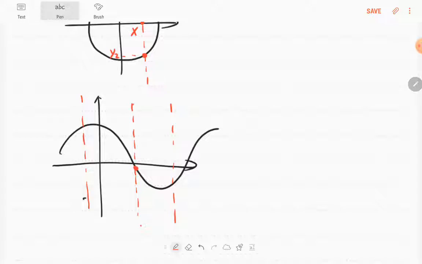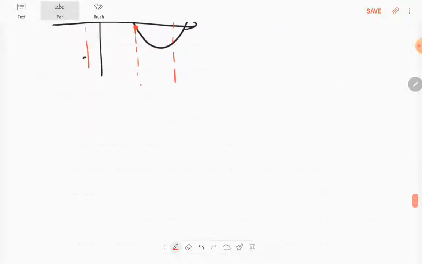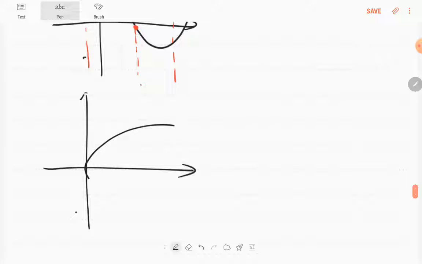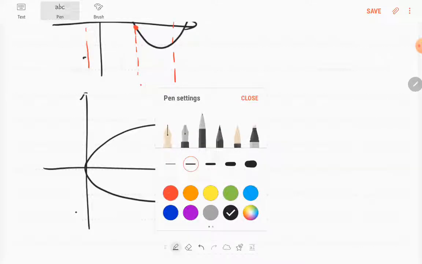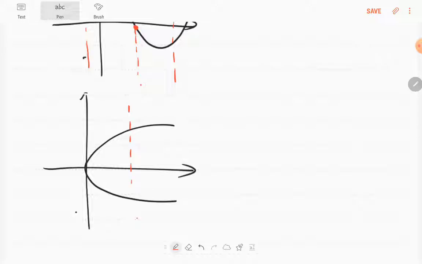So this is a function. If you draw a vertical line, the vertical line corresponds to one x value, but we have more than one intersection point. So this is not a function, because it corresponds to 2 y values.